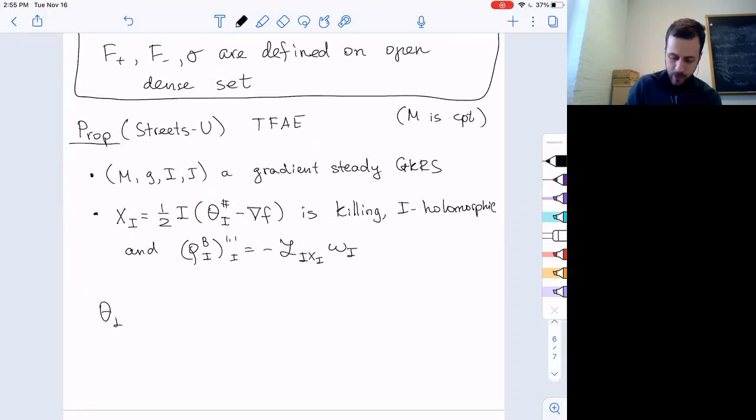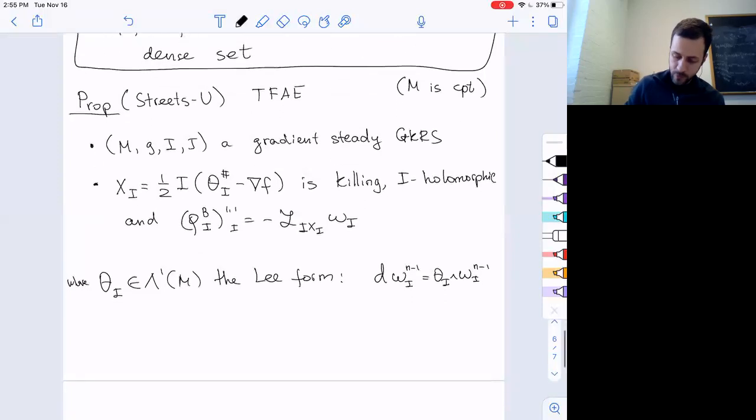So theta I is the Lee form, characterized by the identity that d omega I to the power n minus 1 equals theta I wedge omega I to the power n minus 1. This is the definition. Theta I sharp is the corresponding vector field which you obtain by raising an index.